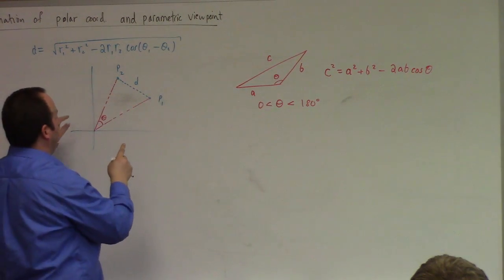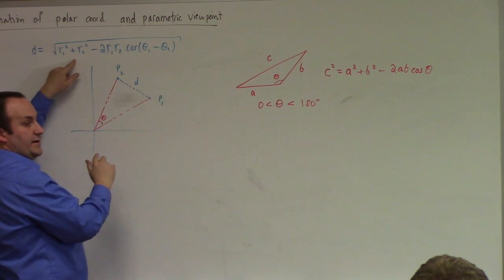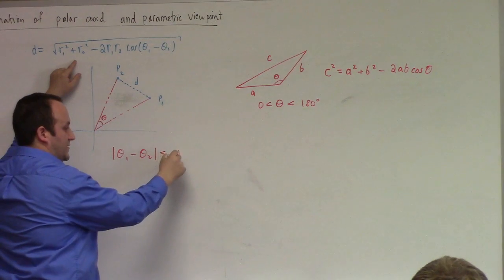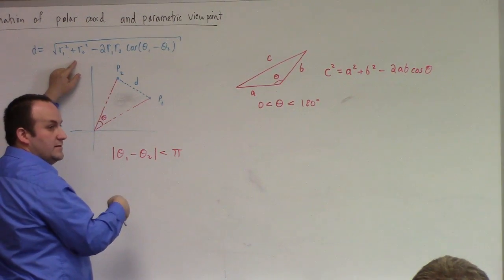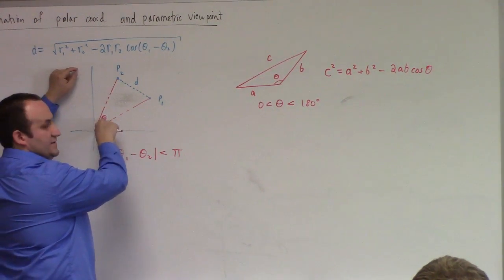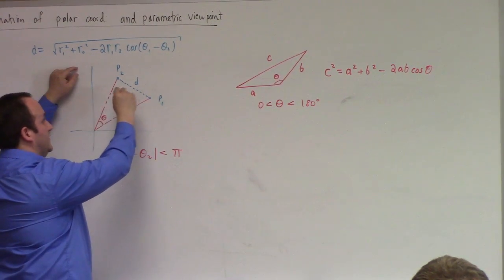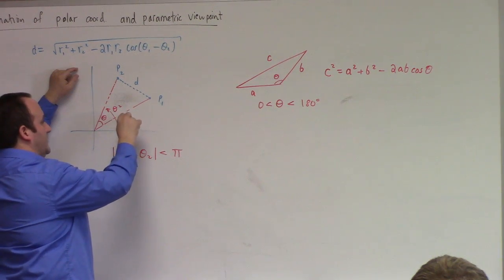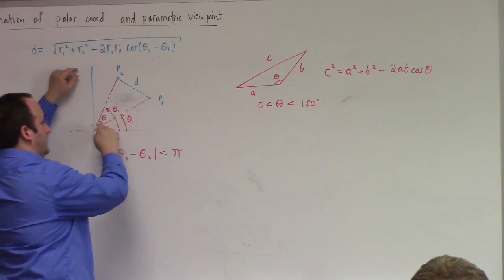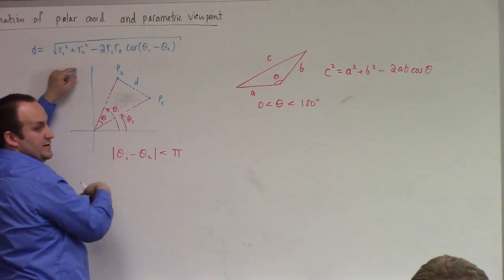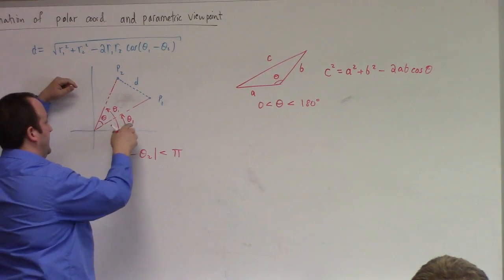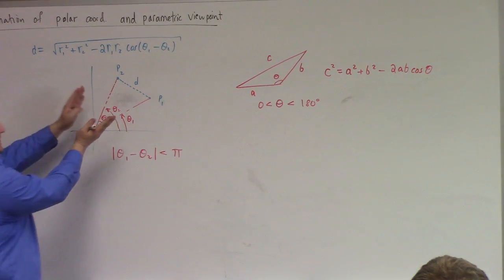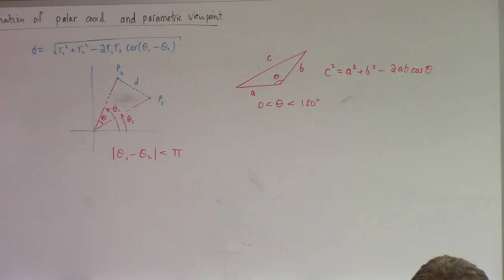You're given that the absolute value of theta 1 minus theta 2 is less than pi, or 180. If this is theta 2 and this is theta 1, then theta would be theta 2 minus theta 1. However you order the points doesn't matter. The difference in the thetas would be the interior angle of that triangle.